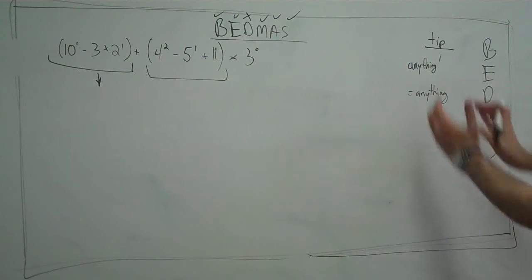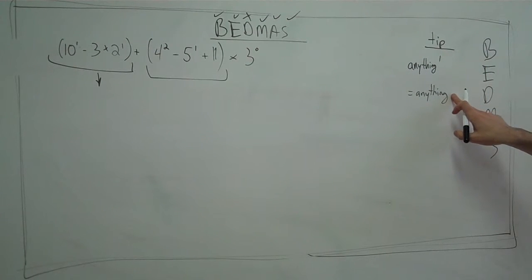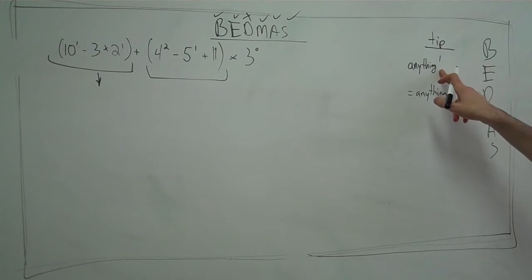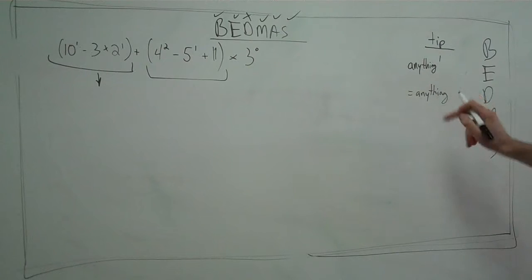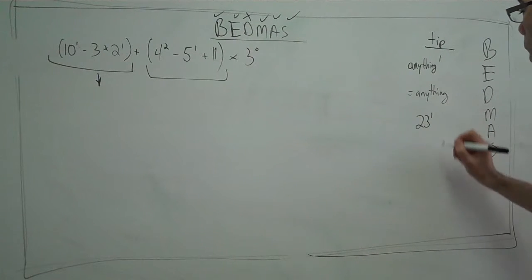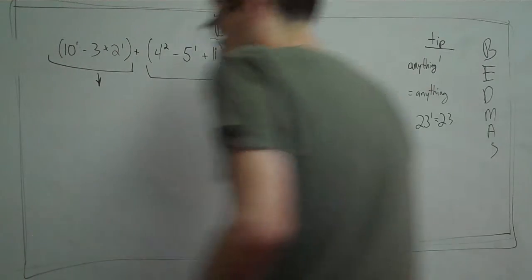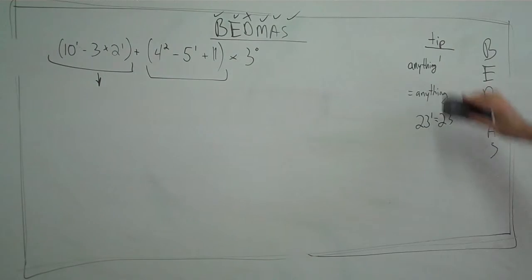So literally, 7 to the power of 1 equals 7. If it was 7,007 to the power of 1, it would equal 7,007. Concrete example, if we had 23 to the power of 1, to solve that without exponents, I would just call it 23. Okay, so that's my first tip.